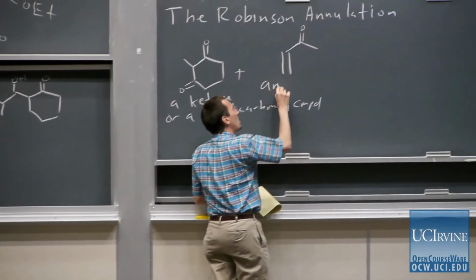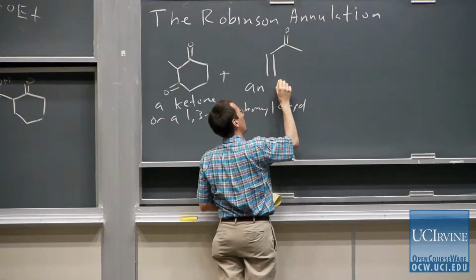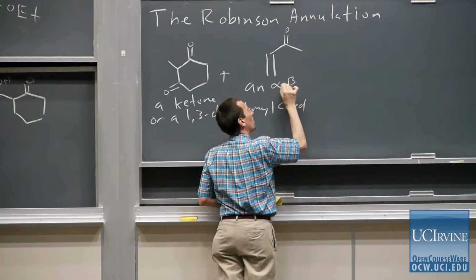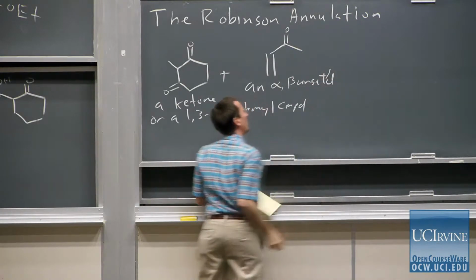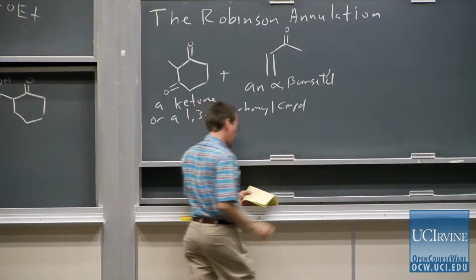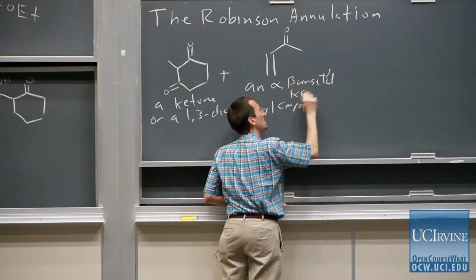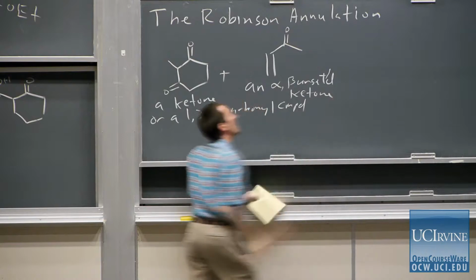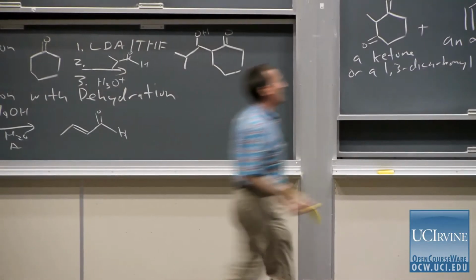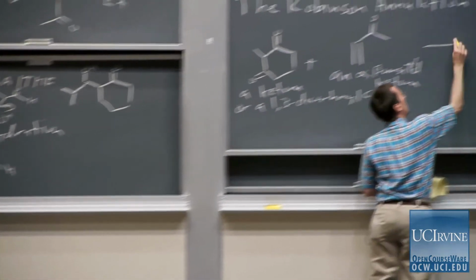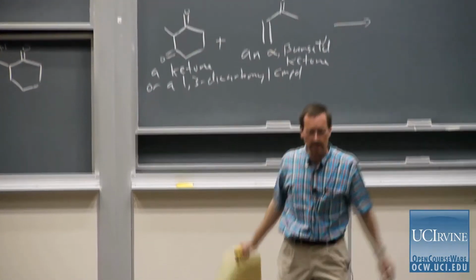Anyway, this is an archetype for an alpha beta unsaturated carbonyl compound. I'll write that in shorthand, alpha beta unsaturated. And I'll say more specifically an alpha beta unsaturated ketone because we're going to need that. Okay, and again, we're going to mix this with some base. Honestly, you're going to get a baby exposure to the Robinson annulation.